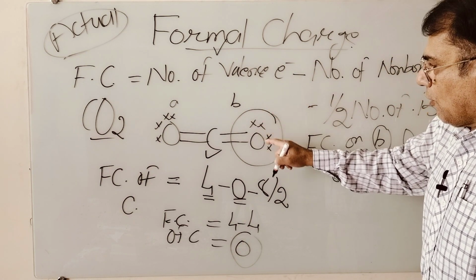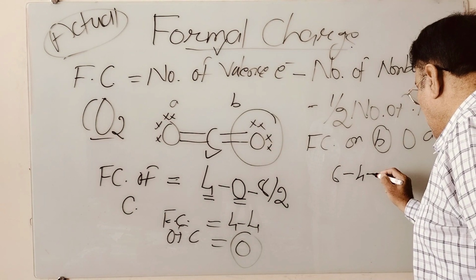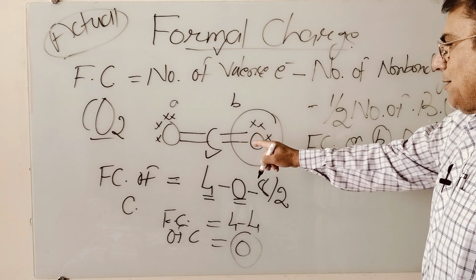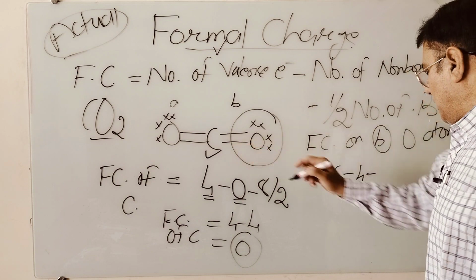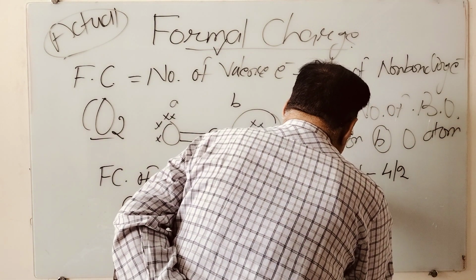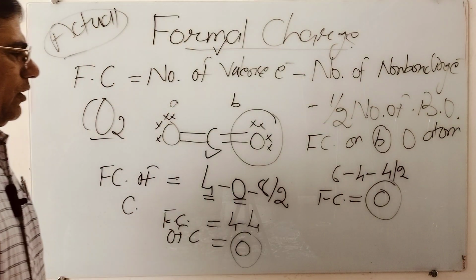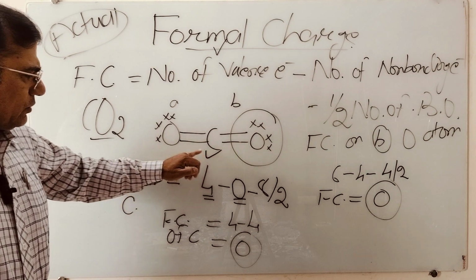There are 4 non-bonding electrons, 2 lone pairs means 4 non-bonding electrons, minus half the number of bonding electrons. 4 bonding, 4 divided by 2, so formal charge is equal to 0. So oxygen formal charge 0, carbon is 0.